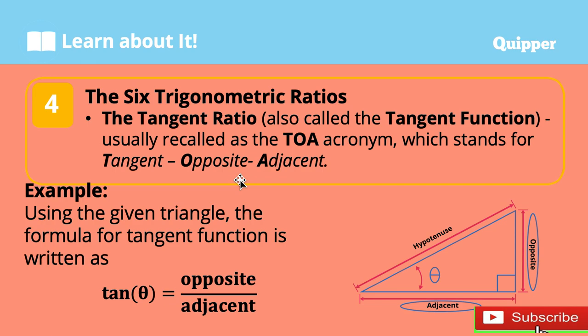It also implies that the tangent ratio uses only the opposite and the adjacent sides. For example, using the given triangle, the formula for the tangent function is written as tangent theta is equal to opposite over adjacent. Just use the opposite and the adjacent sides.